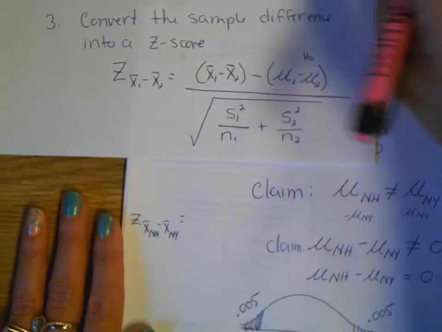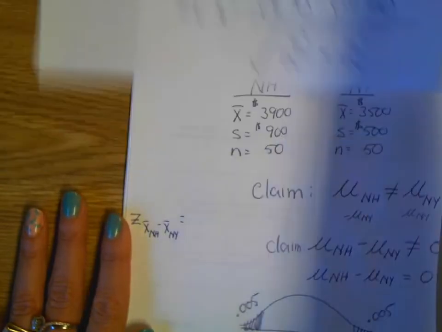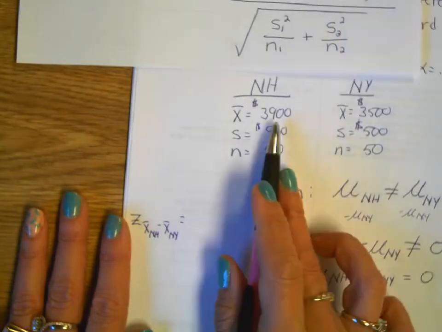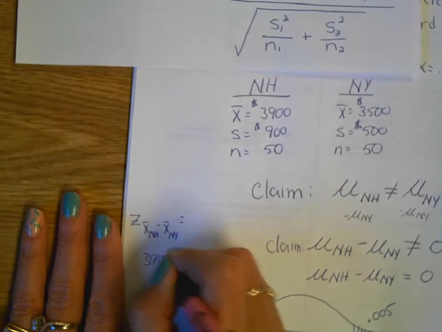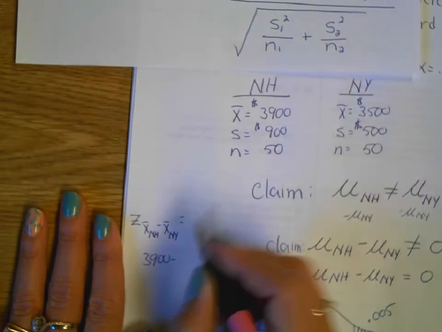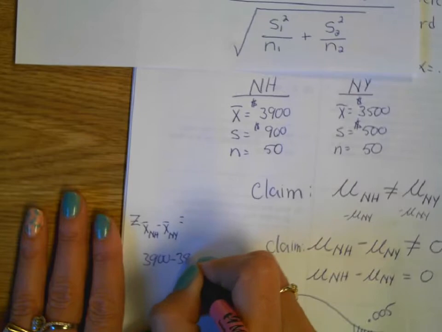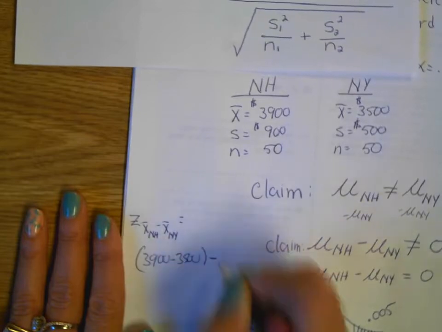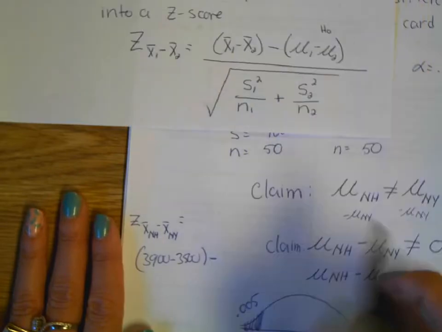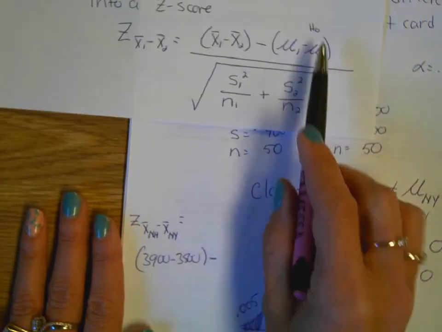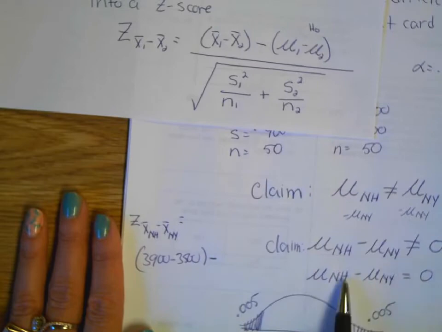So we go to the table. New Hampshire first. The average charge in New Hampshire, 3,900. New York, 3,500. The difference in the means from the whole, what are we saying the difference in the means is here? 0. So we're subtracting 0 over there.